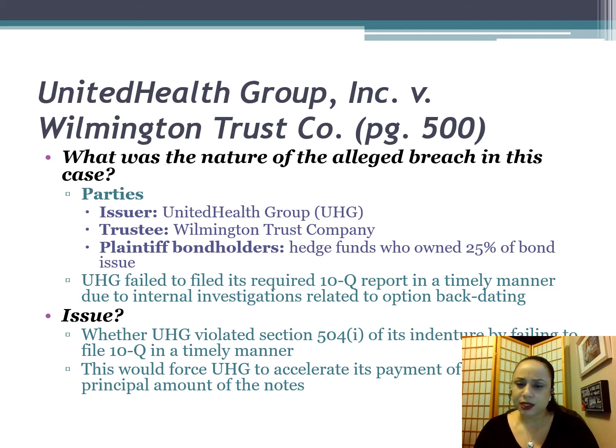Several companies were engaged in this practice. It garnered them lots of negative publicity and exposed these companies to litigation related to fiduciary duty breaches. So as a result of having to deal with these investigations, UHG was late in filing its required quarterly 10-Q report.